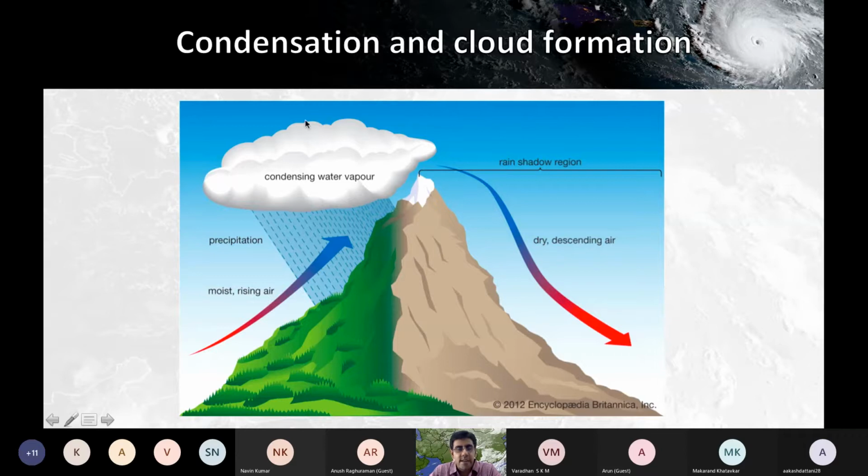On the windward side it will form, and on the lee side it will drop. So the orographic lifting is the other way of cloud formation.